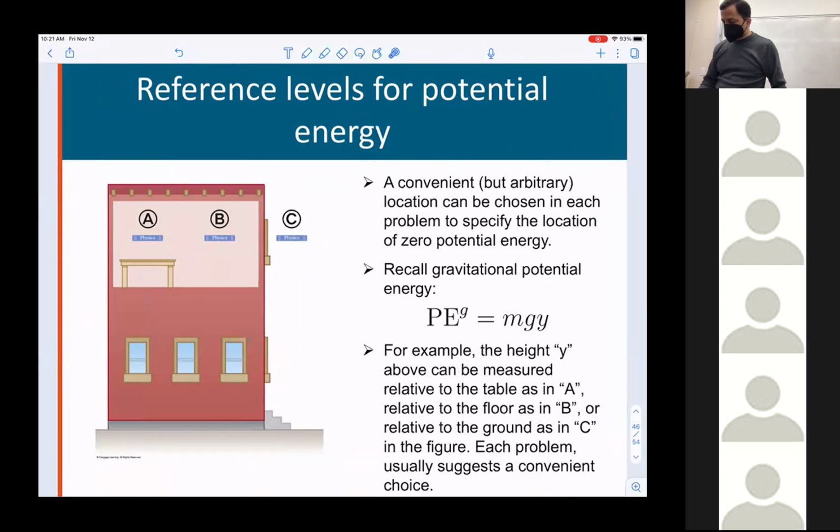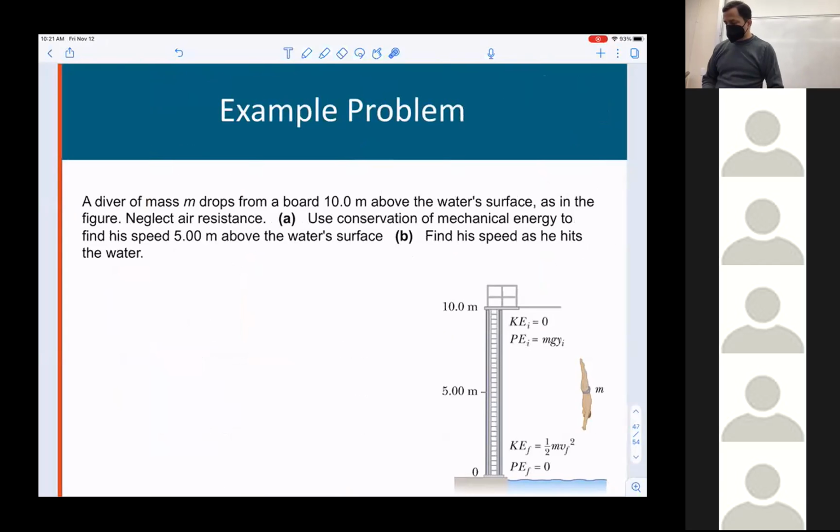And so again, like I said, this mgy could have different values for the same height, depending on where you're calling y equaling 0. But as long as you pick one height, one reference level and stick with it, then it should be okay. Any questions on that?